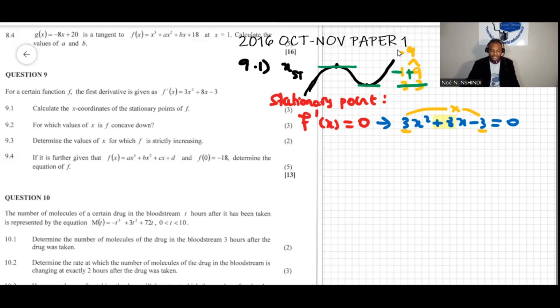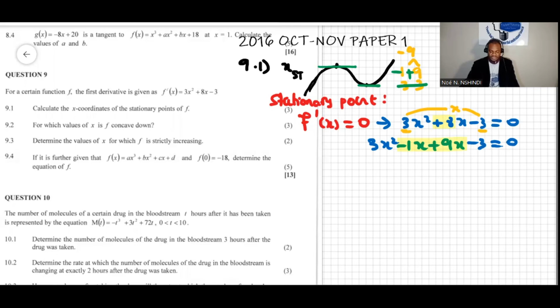And then we can write this in terms of 4 terms. So this will be 3x squared. Instead of me writing plus 8x, I'm going to write minus 1x plus 9x, okay? And then minus 3 equal to 0. So knowing that all this is just positive 8x in the previous line.